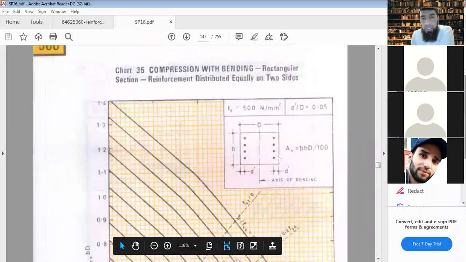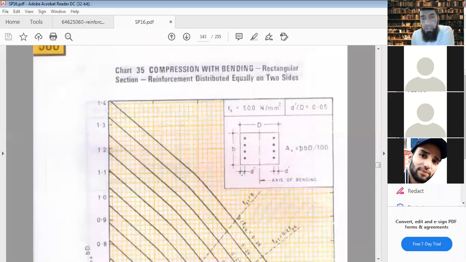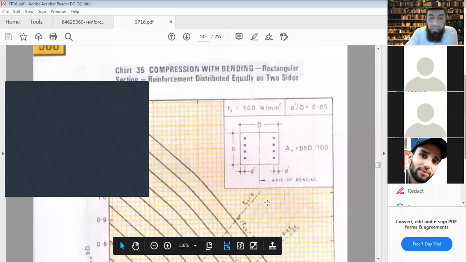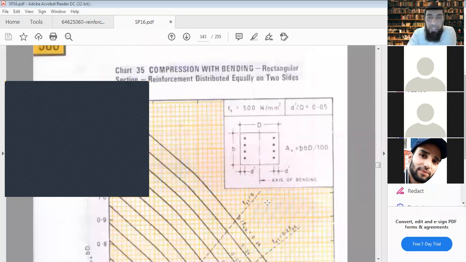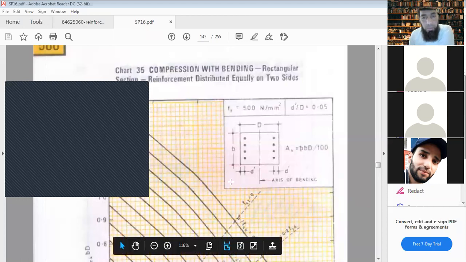Now d dash is our 58 mm. We have already calculated it last time, 58 mm, and D is our 350. So d dash by D would be 0.16.